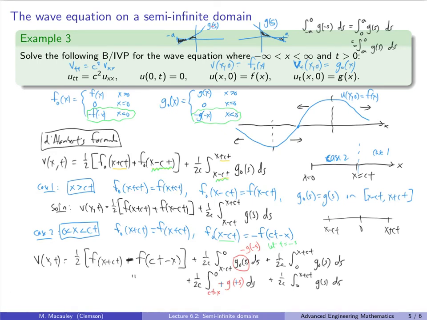Now we can combine these two cases. We can combine these two integrals because they're the same thing in here, and we're going from this lower limit to that upper limit.